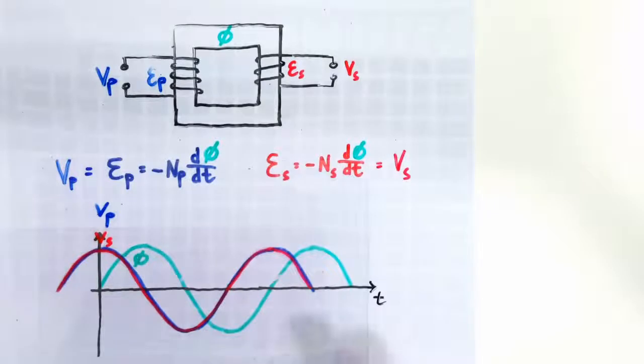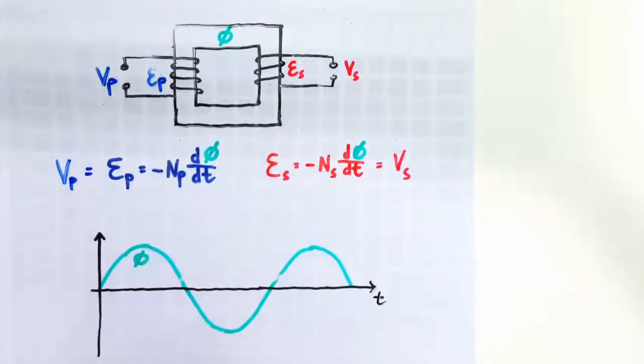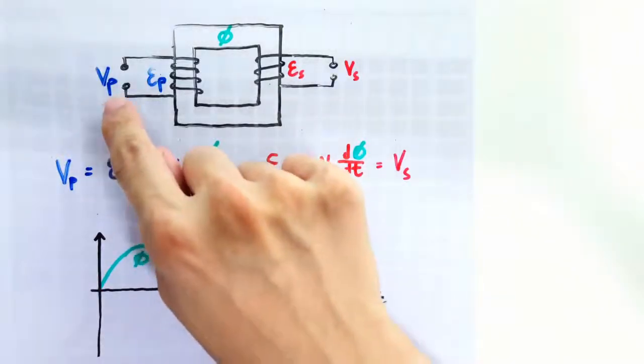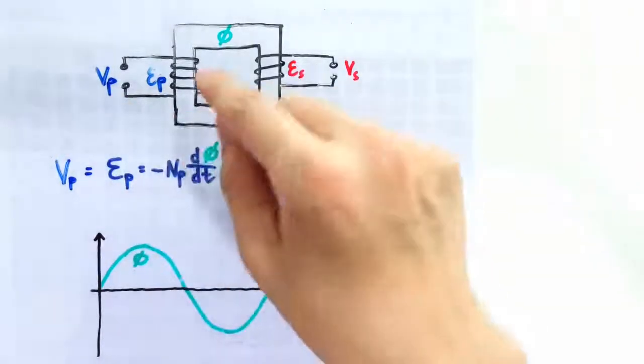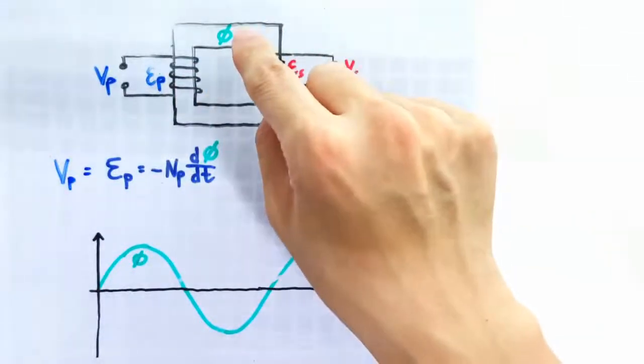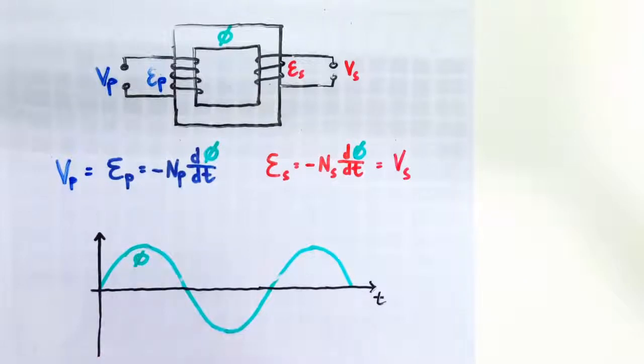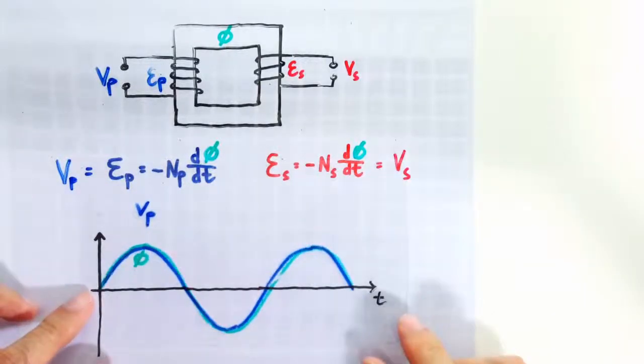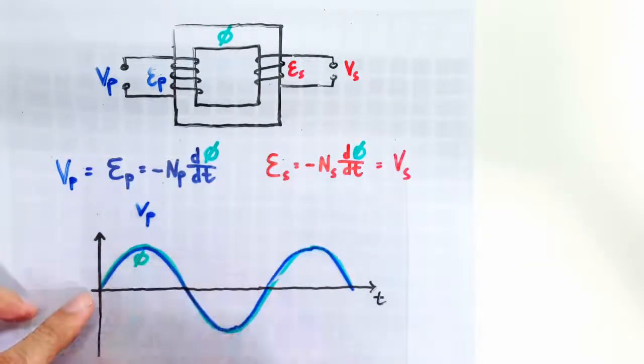Now let me move on to the second version, which is the version that Cambridge expects you to write. And the version goes like this. Now, since it's the primary voltage that produces the primary current, that produces the magnetic flux, Vp should be in phase with the magnetic flux.